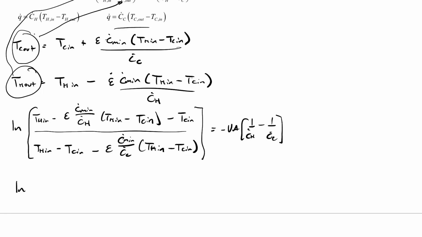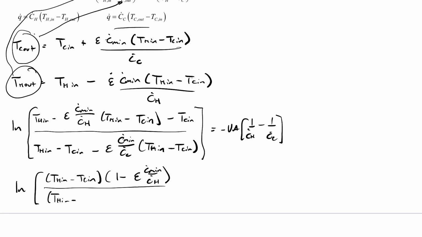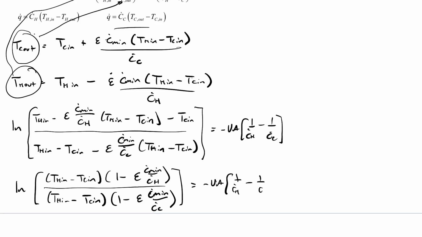We have ln of, pull the TH in minus TC in out, so that becomes TH in minus TC in times 1 minus effectiveness C dot min over C dot H in the numerator, and the denominator is also TH in minus TC in, and then we have 1 minus effectiveness C dot min over C dot C. Again, equal to minus UA times 1 over C dot H minus 1 over C dot C. Okay.